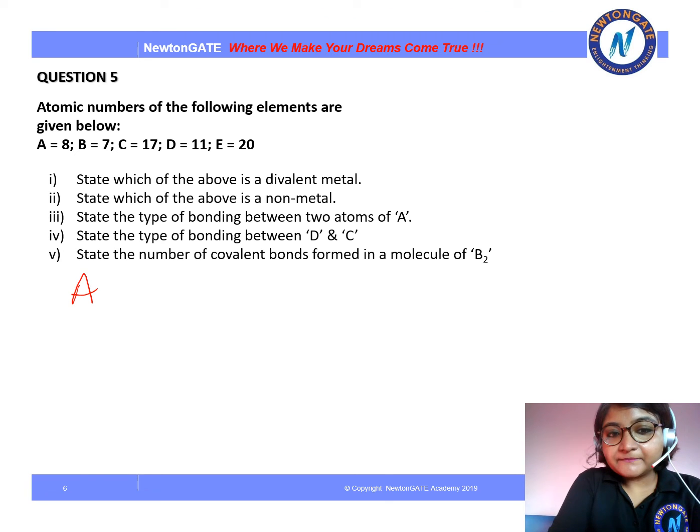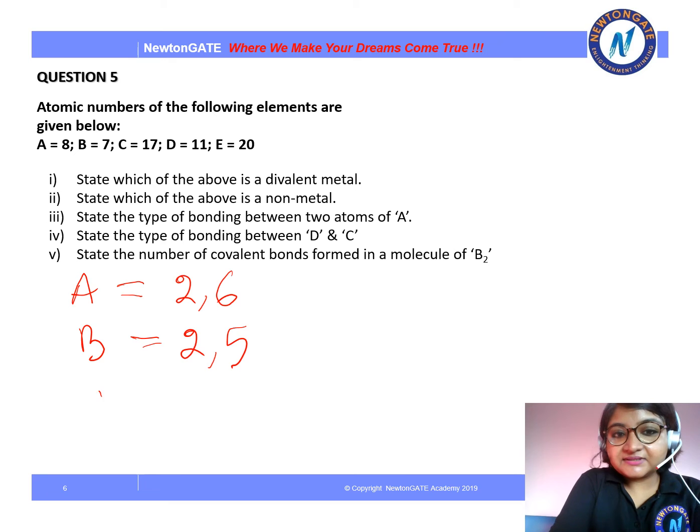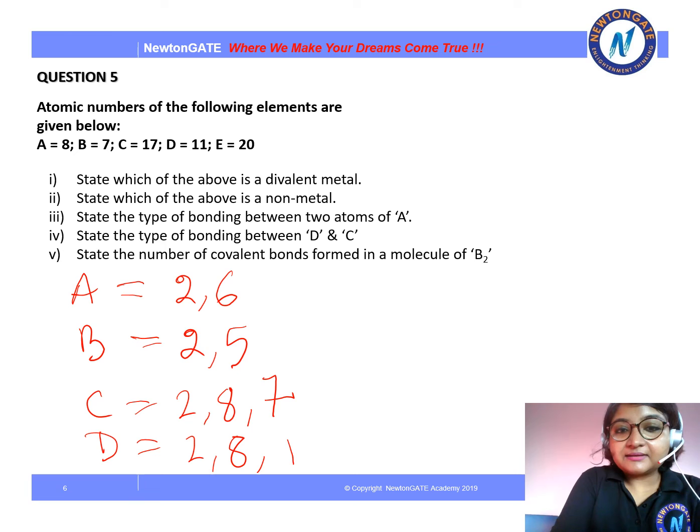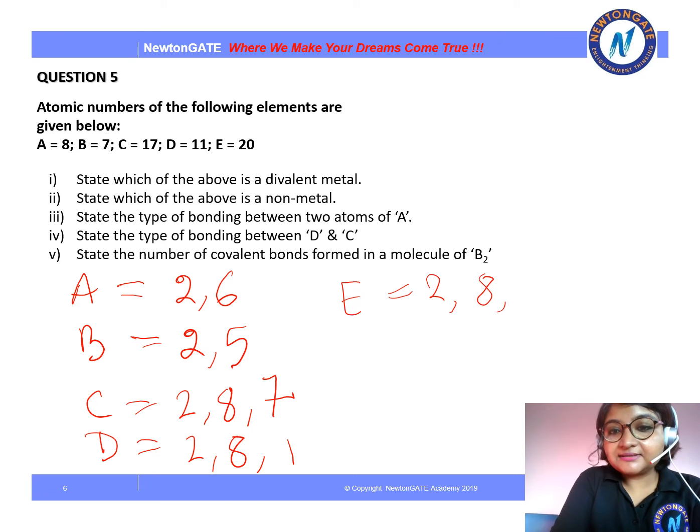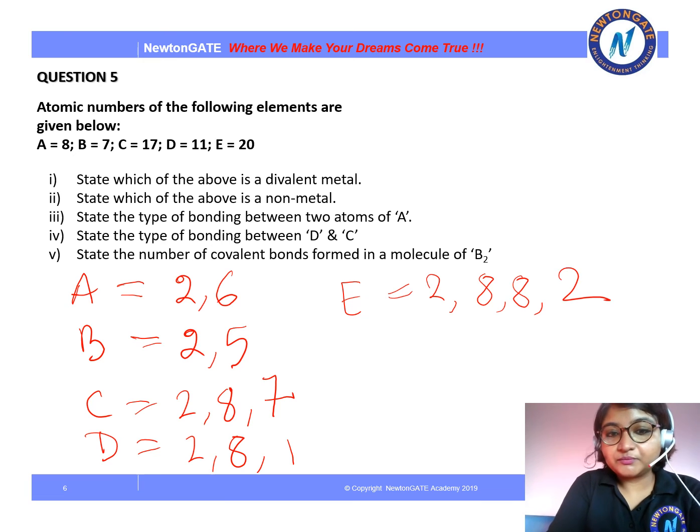For A, electronic configuration is 2, 6, B it is 2, 5, C 2, 8, 7, D 2, 8, 1, E 2, 8, 8, 2.